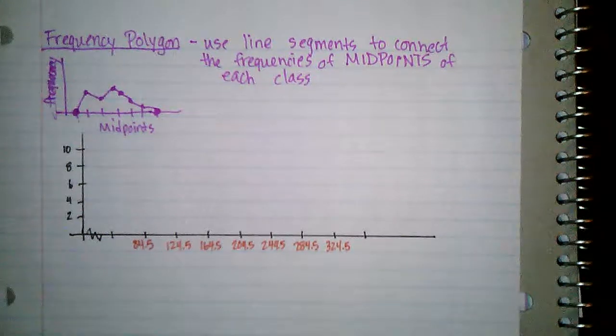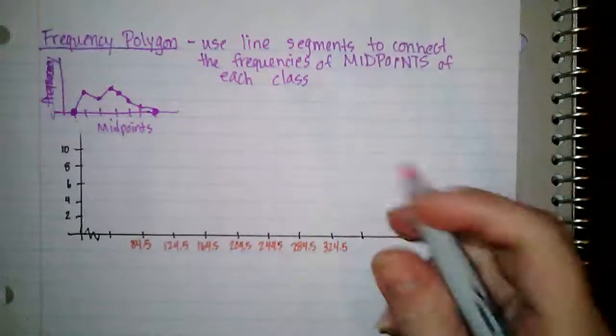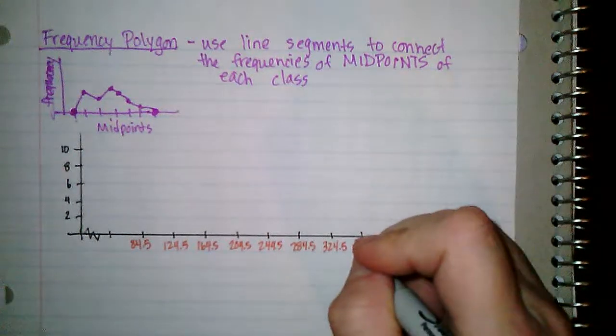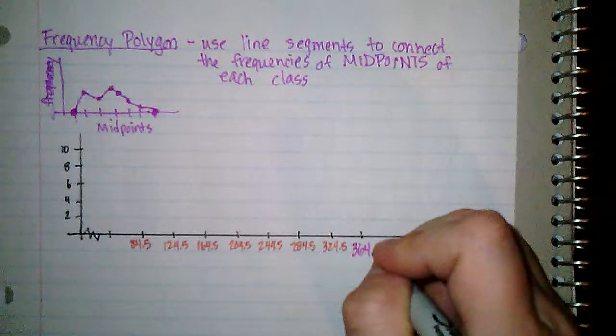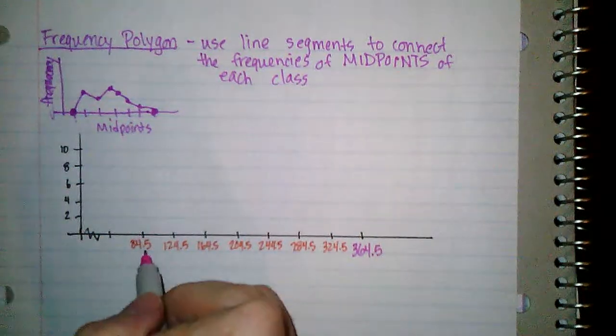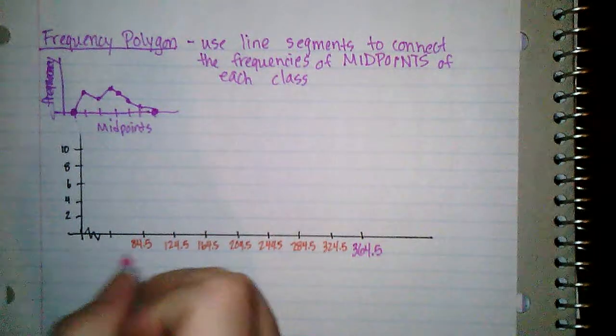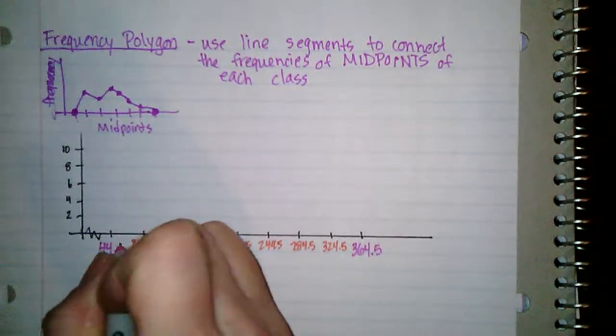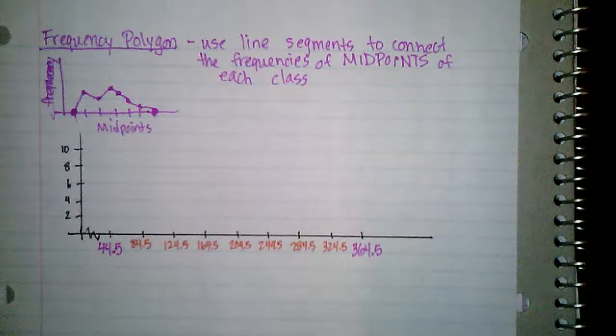But we have to have an extra at the beginning and an extra at the end. To get the extra at the end, we just add the class width again, which was 40, so this one will be 364.5. And to get the extra one at the beginning, we subtract the class width, so 84.5 minus 40 is 44.5.